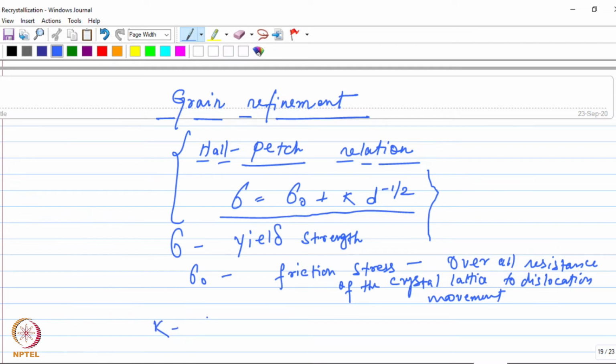K is known as the locking parameter, which represents the relative hardening contribution of the grain boundaries.